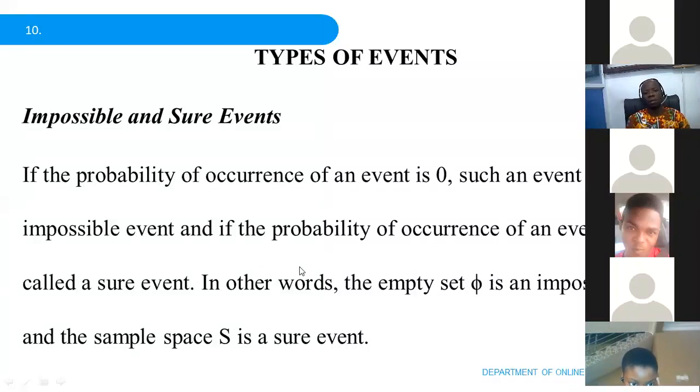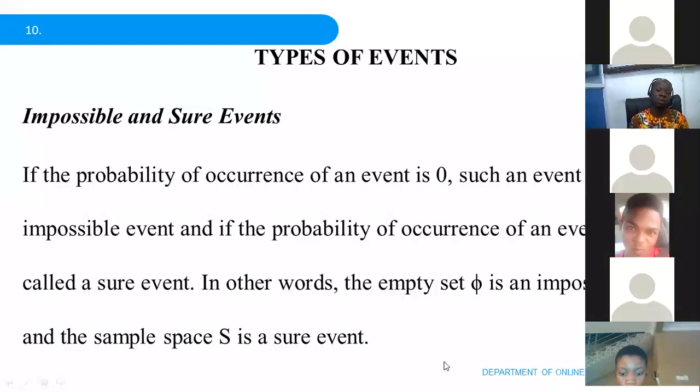So if the chance of something happening is 0, meaning it cannot happen, we say it is an impossible event. And if the probability of occurrence of an event is 1, it is called a sure event. In other words, the empty set is an impossible event, and the sample space S is a sure event.